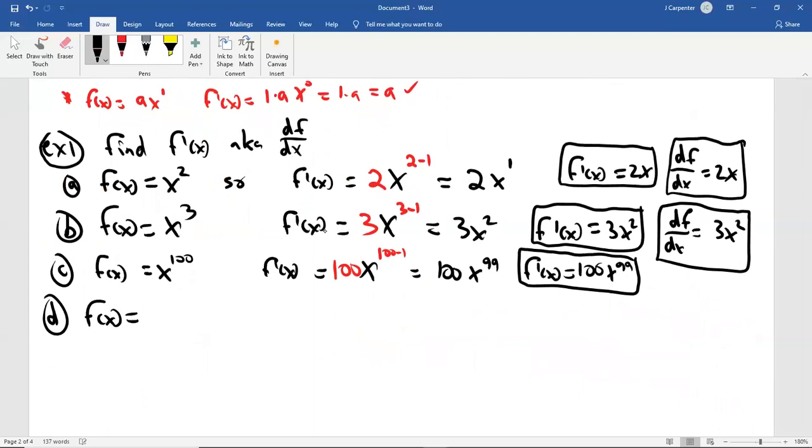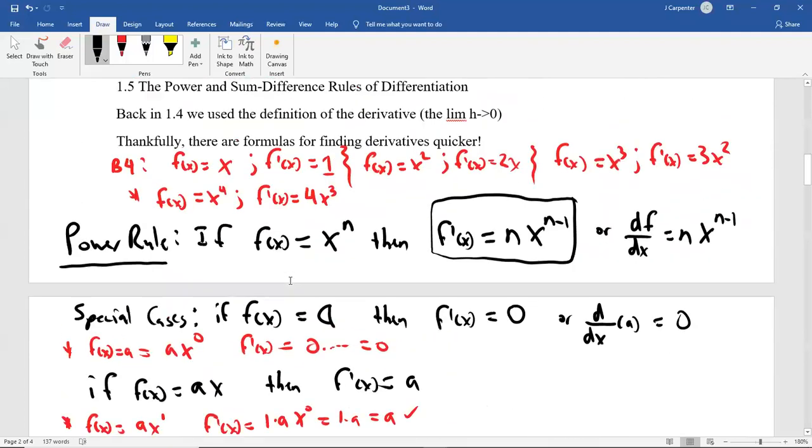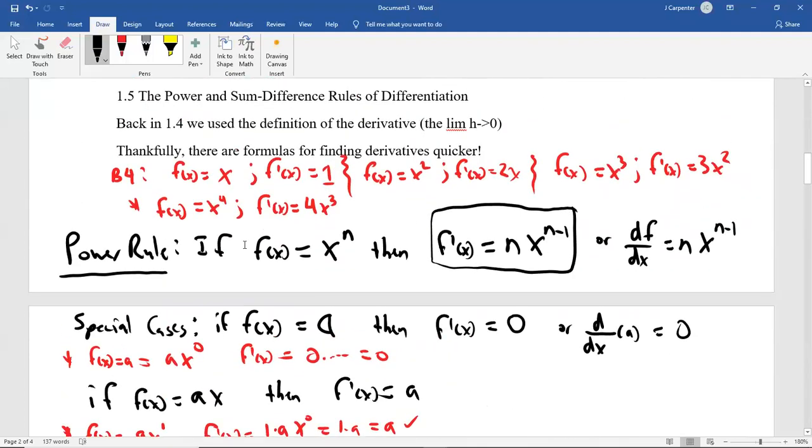F of x equals 1 over x to the 4th. Rationals, fractions with variables in the bottoms. Run away, scream, cry. No. We got this. The power rule is in a very specific format. Let's go back up here. If your function is written as x to the n, that doesn't say 1 over x to the n. That doesn't say 20 over x to the n.